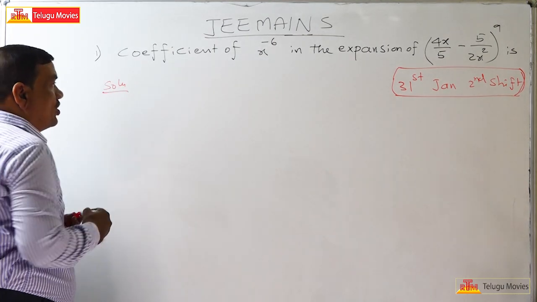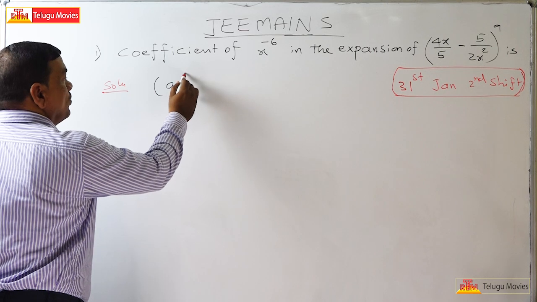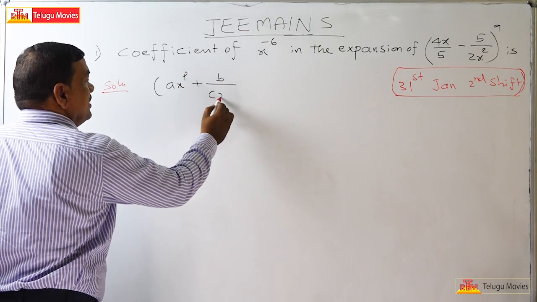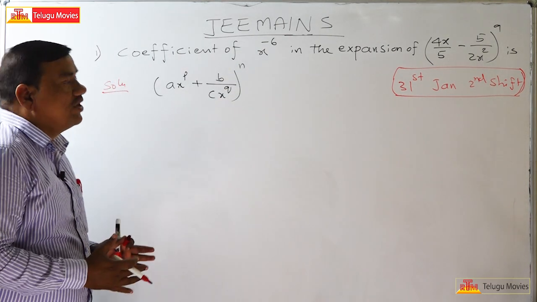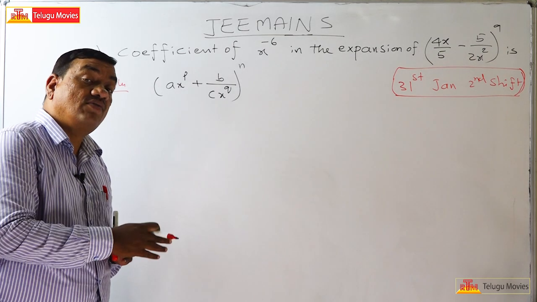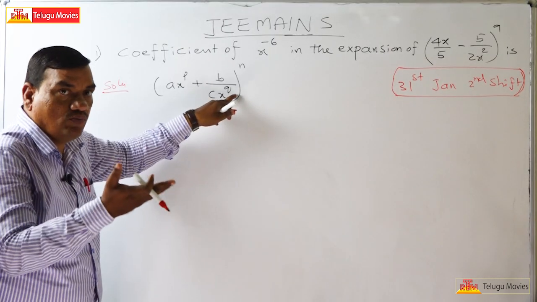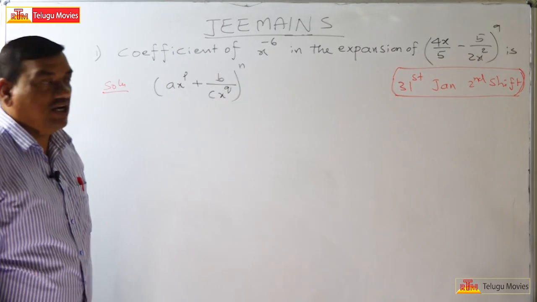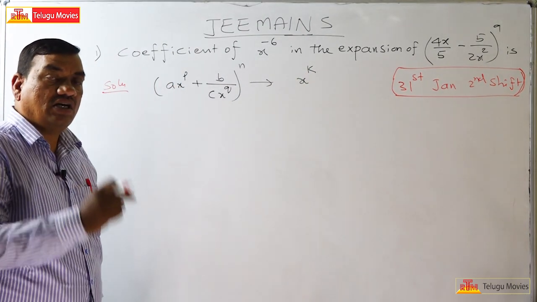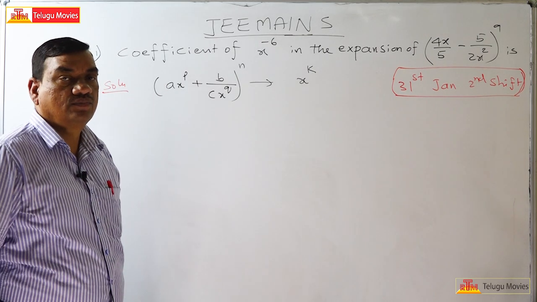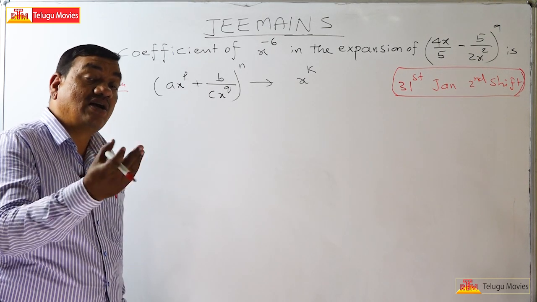I am telling the short trick here. If your binomial is of the form (ax^p plus b/cx^q) whole to the power of n, otherwise, if it is not in this form, make it into this form. In this expansion, if you want to find the term containing x to the power of k, let the term be r plus 1.